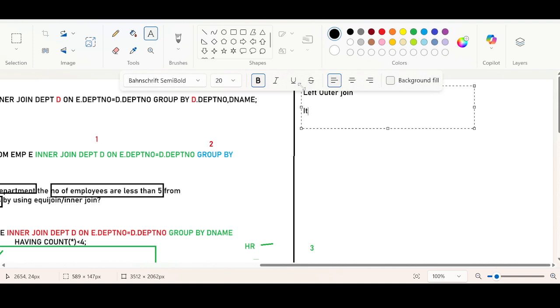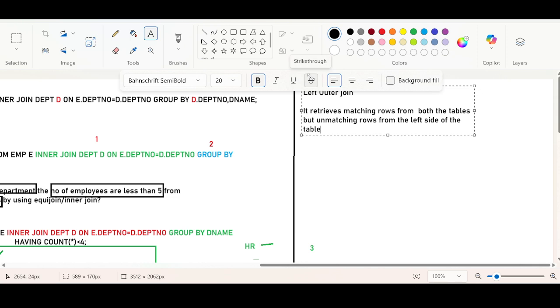It tries matching rows from both the tables, but unmatching rows from the left side of the table.